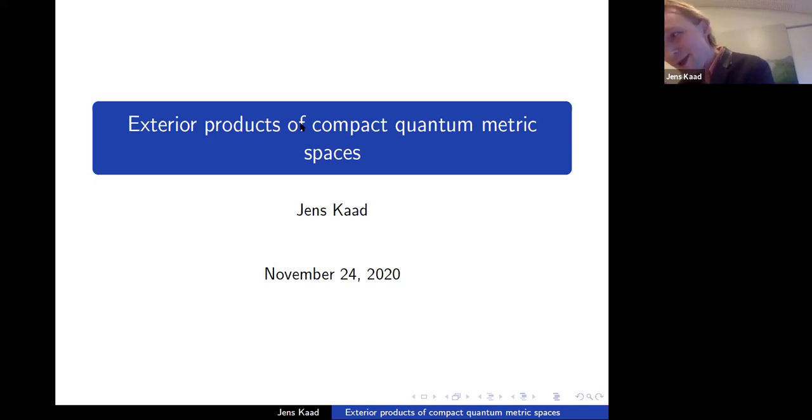Once you have a seminorm on a unital C-star algebra, then you can construct a metric on the state space of this unital C-star algebra. This is called the Monge-Kantorovich metric on this state space.